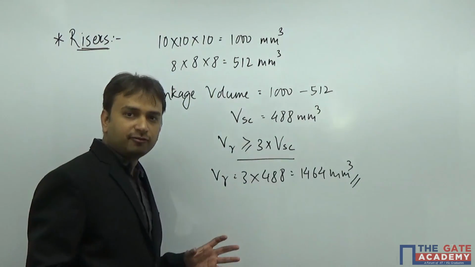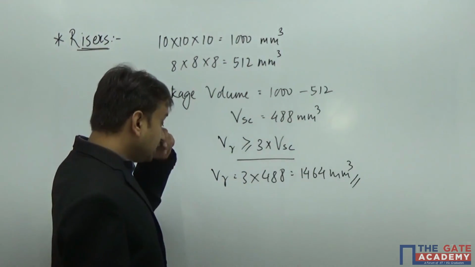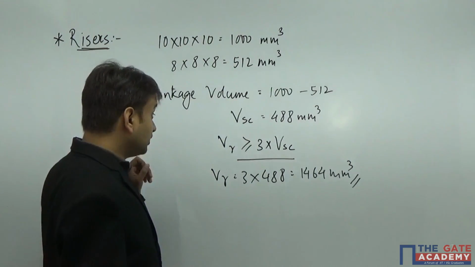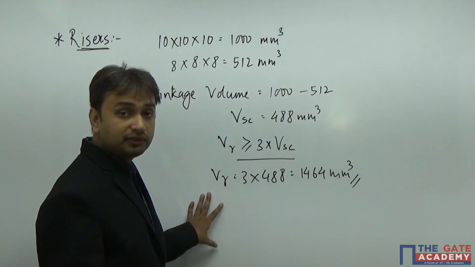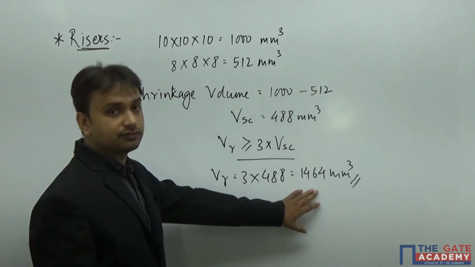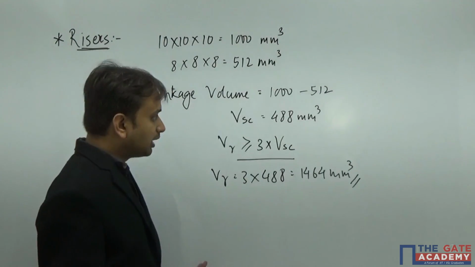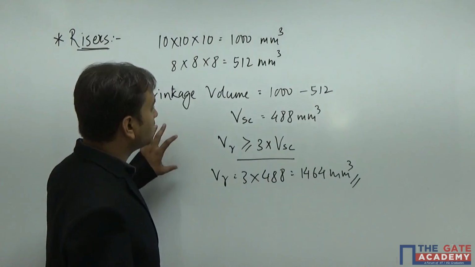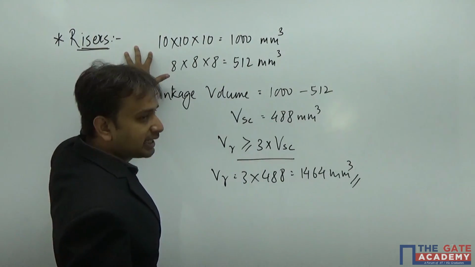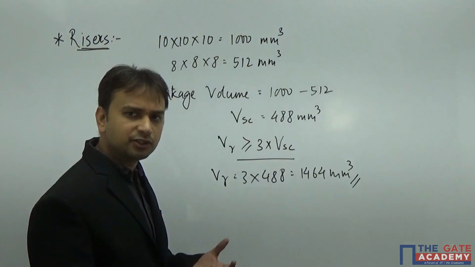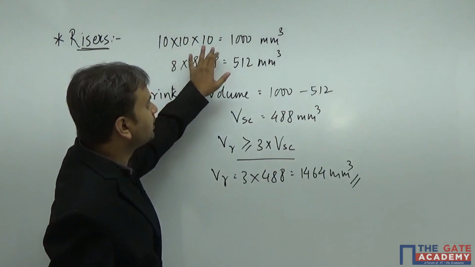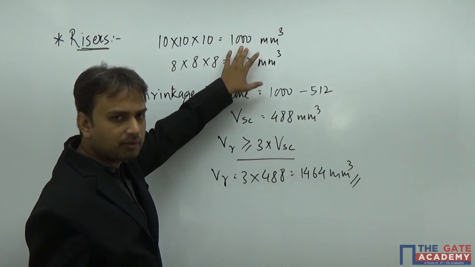So just in brief, what we have discussed is that we have got the volume of the riser, which is 1464 mm cube. By considering a small example, I considered that I want to cast a cube of dimension 10 by 10 by 10, which is 1000 mm cube.